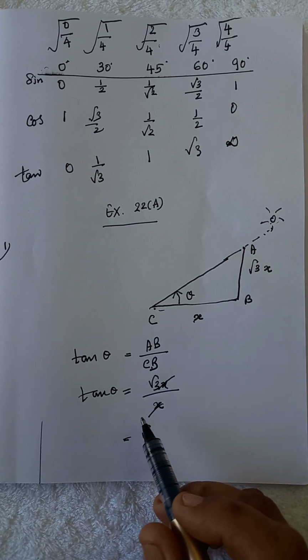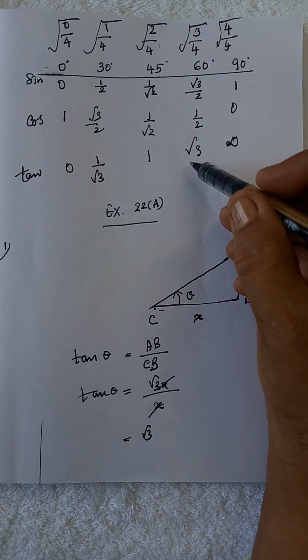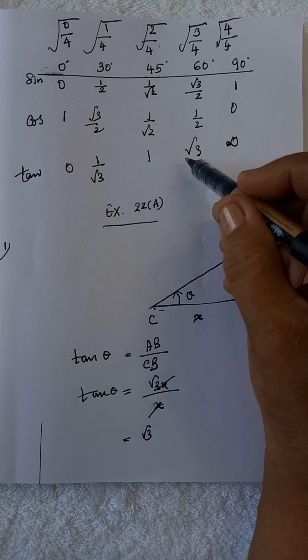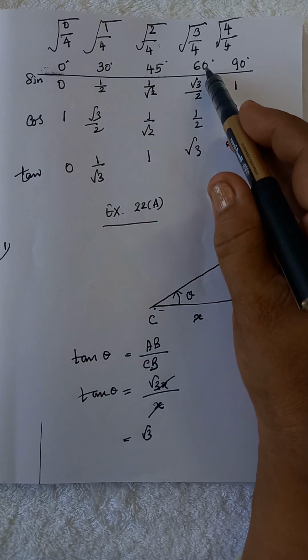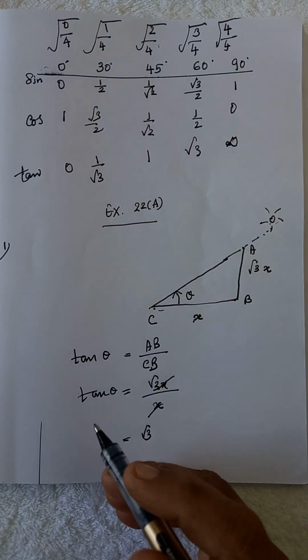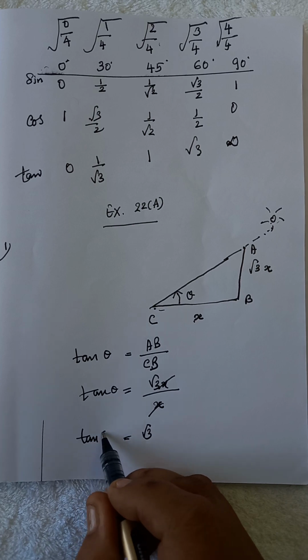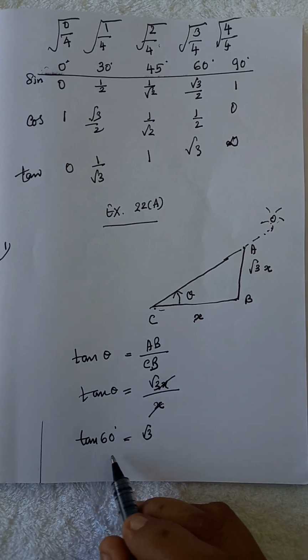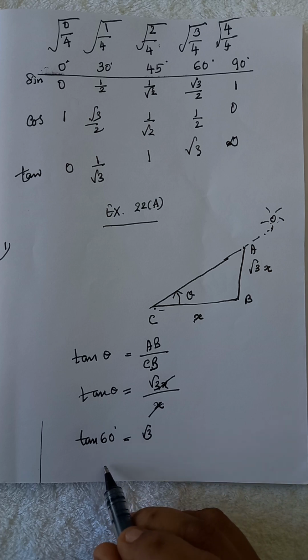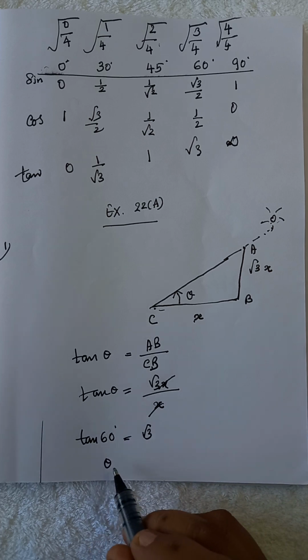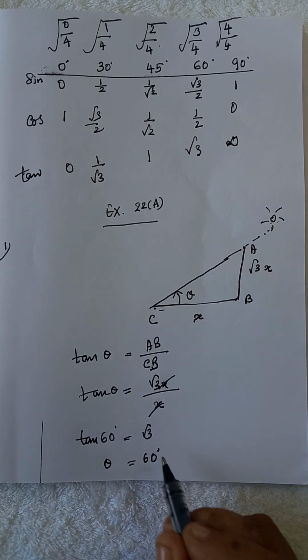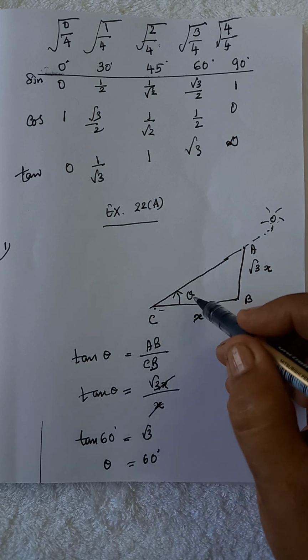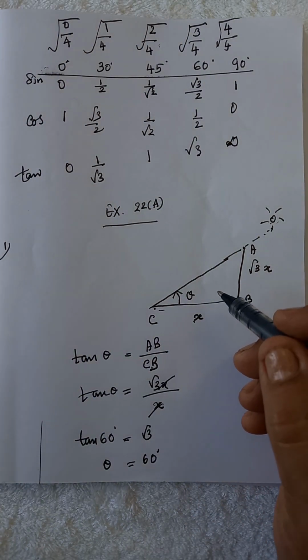Now what is the standard value? We can see that tan theta is root 3 when the angle is 60 degrees. So we can write that tan 60 degrees is root 3. So what is the value of the angle? That is theta, that is equal to 60 degrees. That is the angle of elevation of the sun.